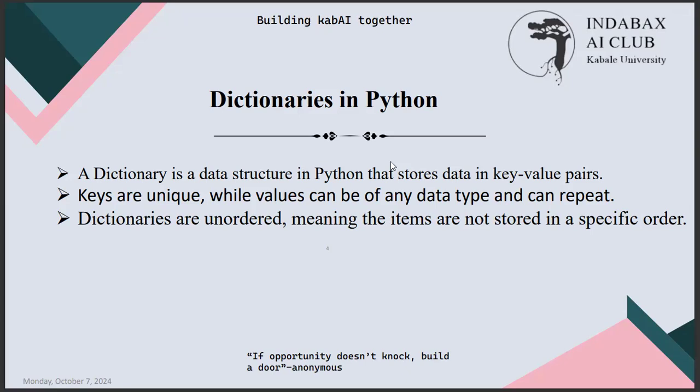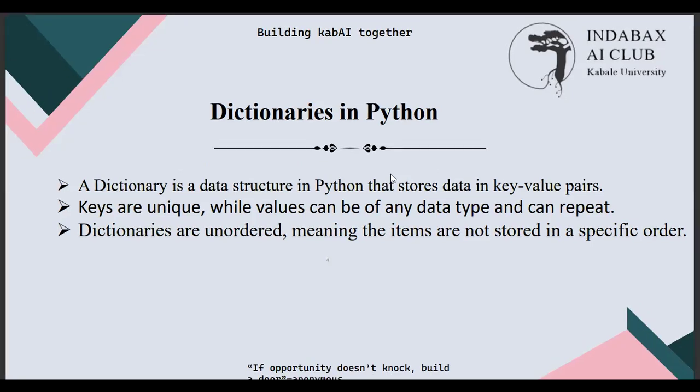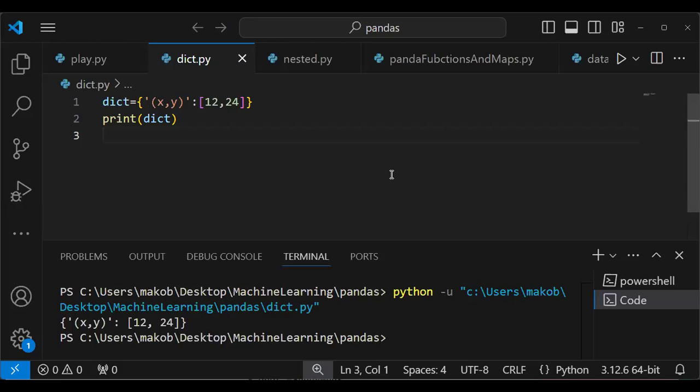First of all, last time we looked at lists, and we saw that lists store data in an ordered way. For example, let me try to define a list here.